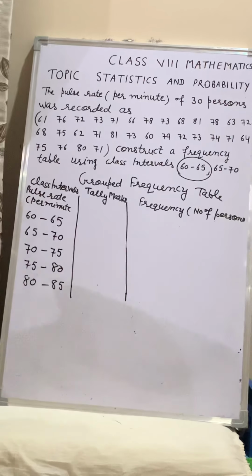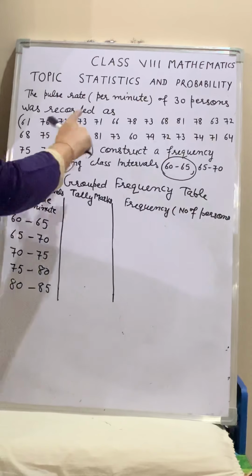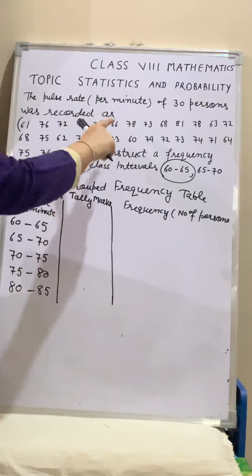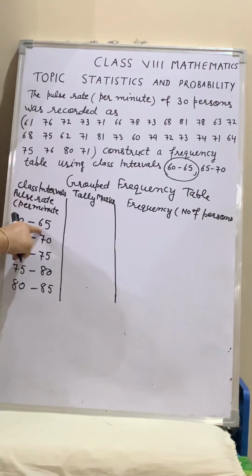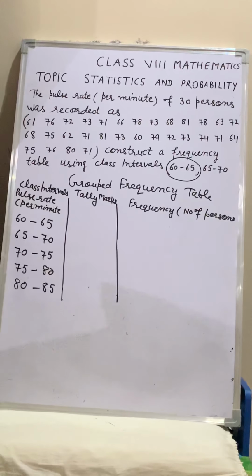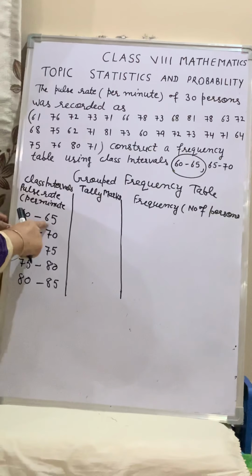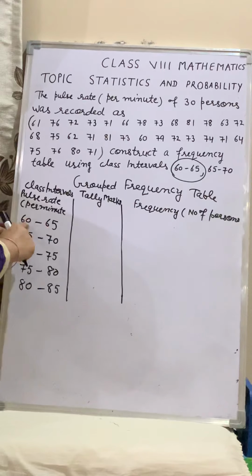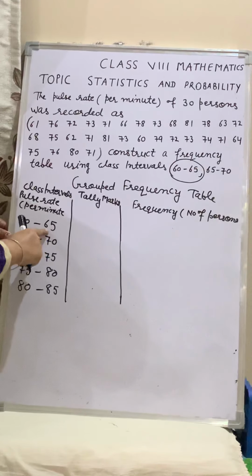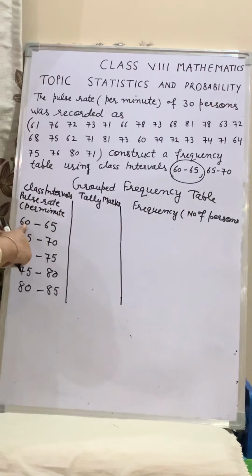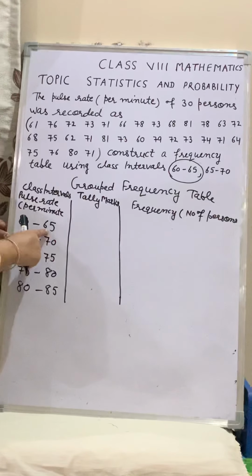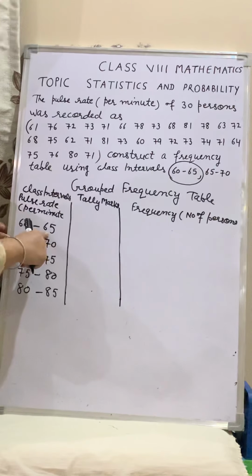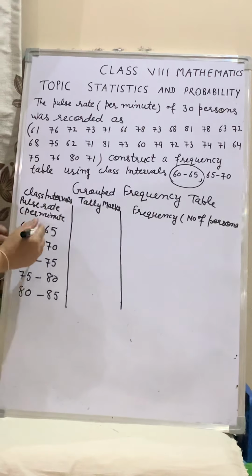Now we will count how many persons have a pulse rate of 60 to 65. In 60 to 65 we take 60 to 64.9. 60 is included and 65 is excluded. 65 is included in the next group.